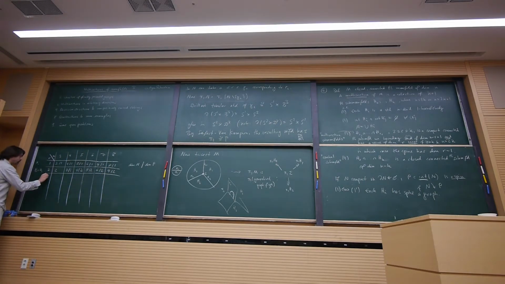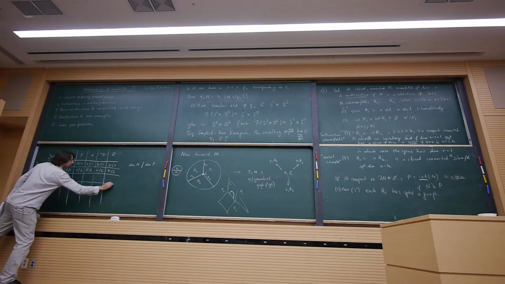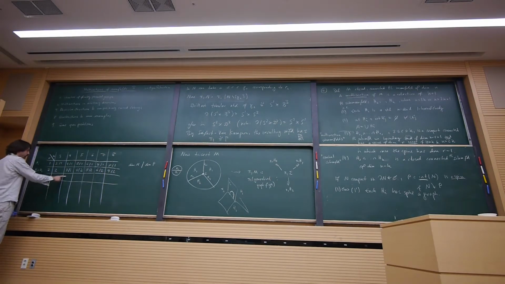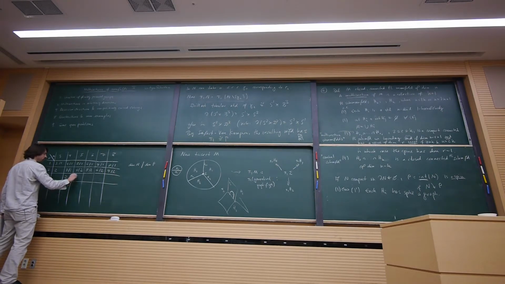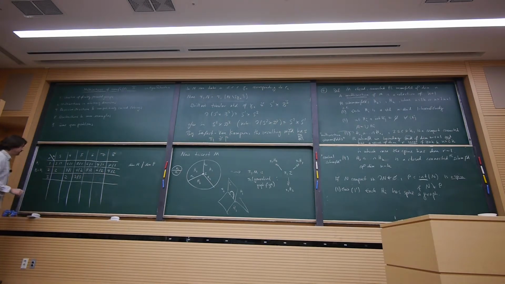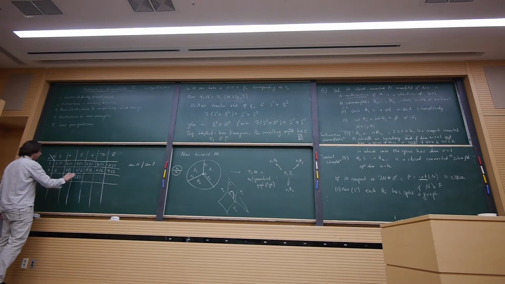And then if I think about triple intersections, of course here I don't have them, here I get something of dimension 2, and I'm done. Here I get something of dimension 3, and the spine has dimension 5, I'm done.